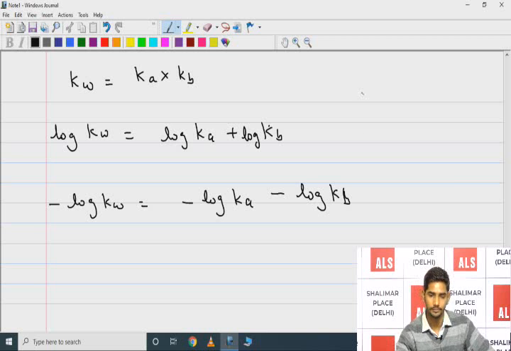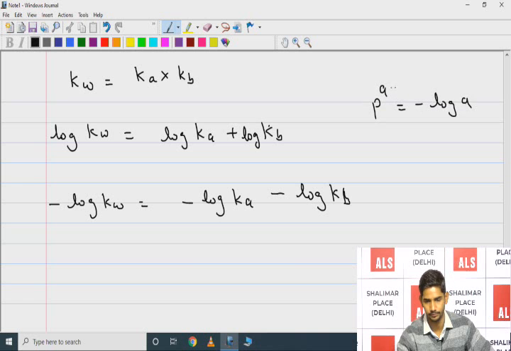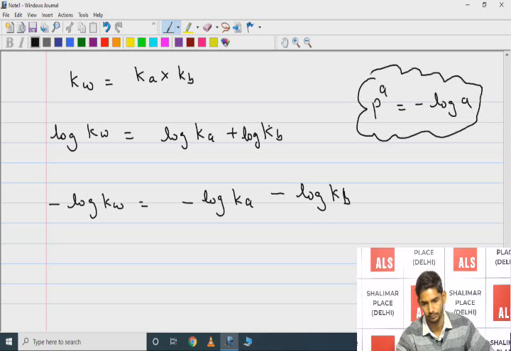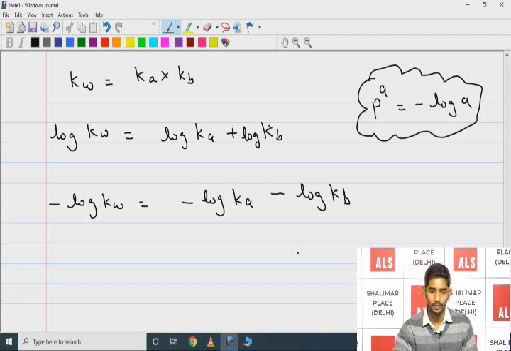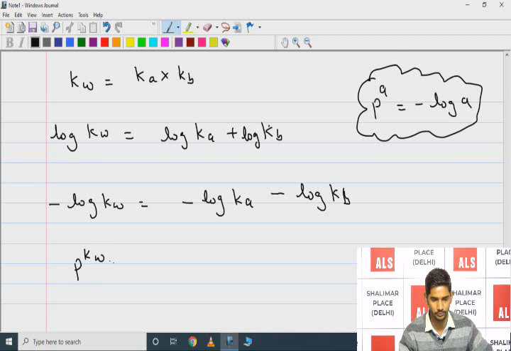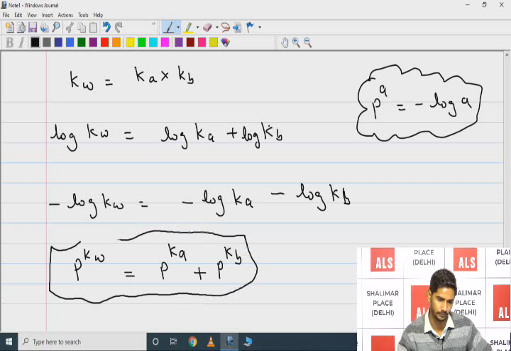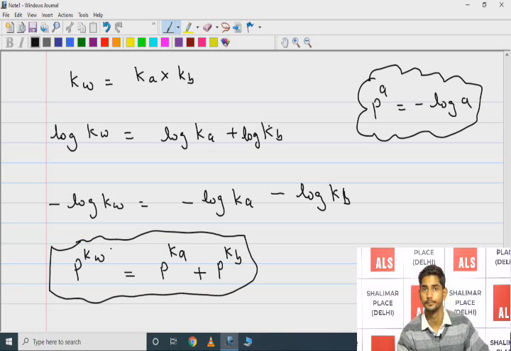If you remember, pA is equal to what? Minus log of A. I can put anything at the place of A. It can be H plus, it can be Kw, it can be Ka, it can be Kb. So what I was trying to say is that pKw is equal to pKa plus pKb. Copy.